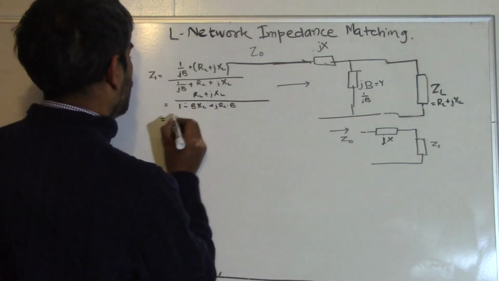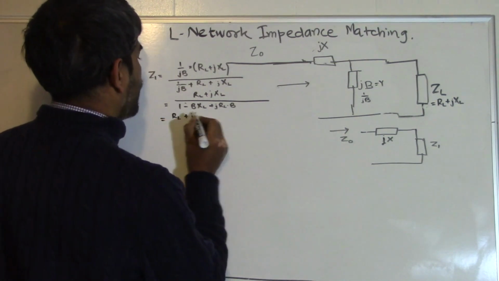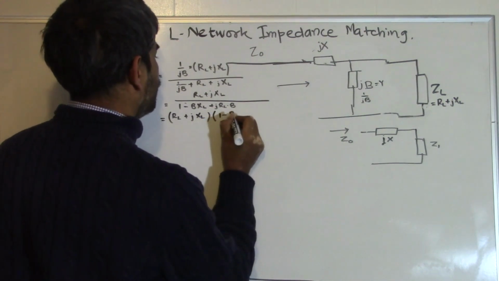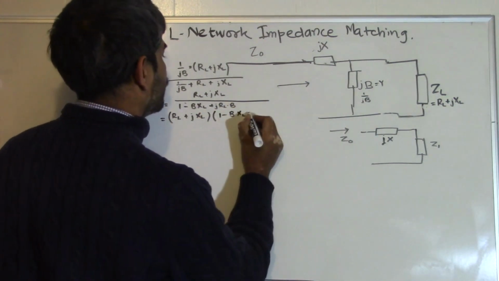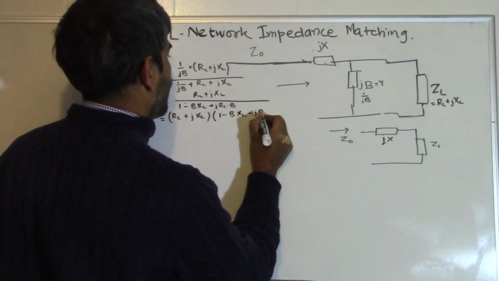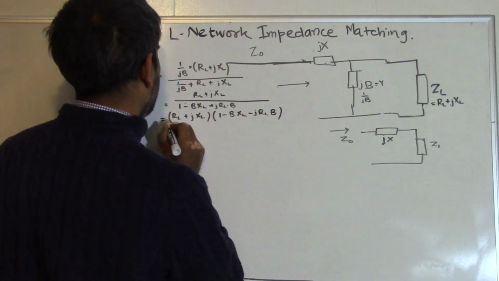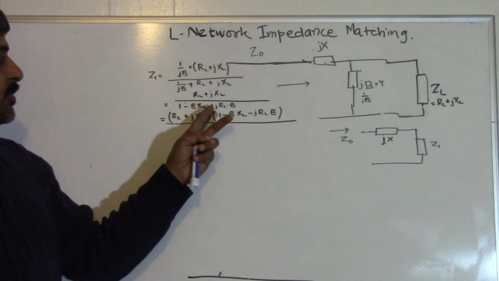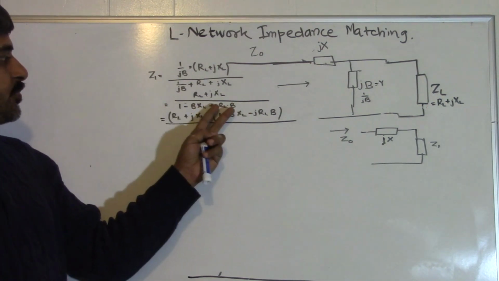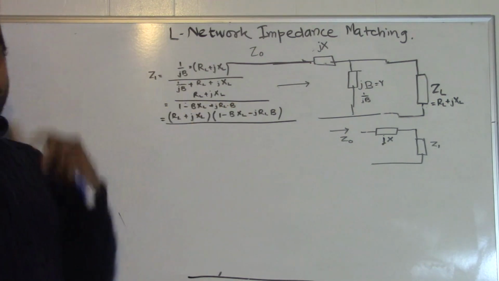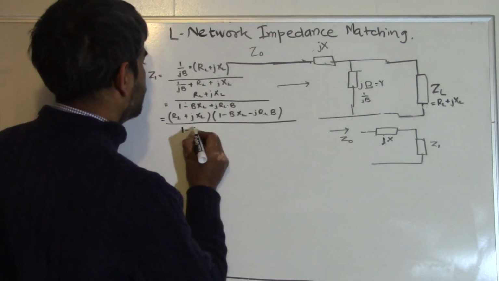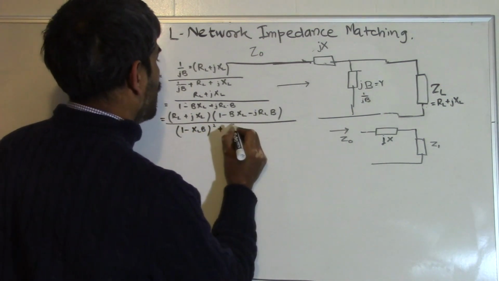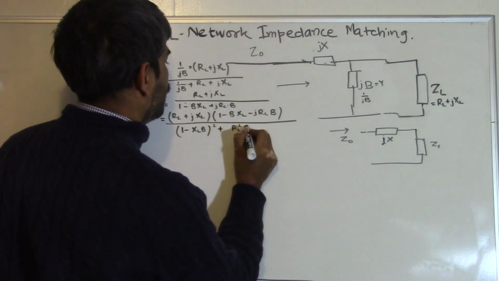So this becomes RL plus jXL multiplied by 1 minus BXL minus j RL into B, divided by 1 minus BXL plus j RL B multiplied by this minus this, which will be this square plus this square: 1 minus XL into B whole square plus RL square B square.